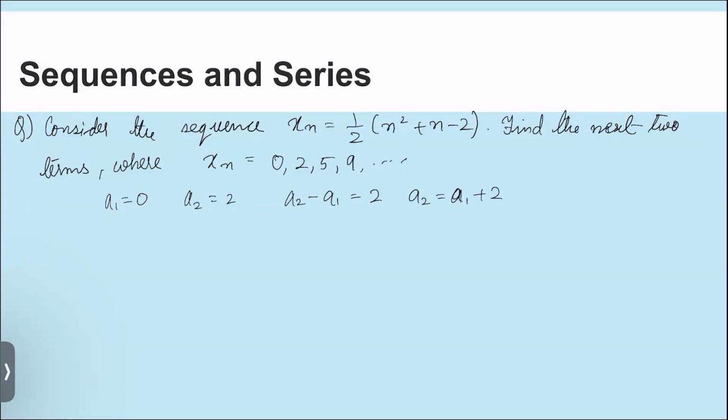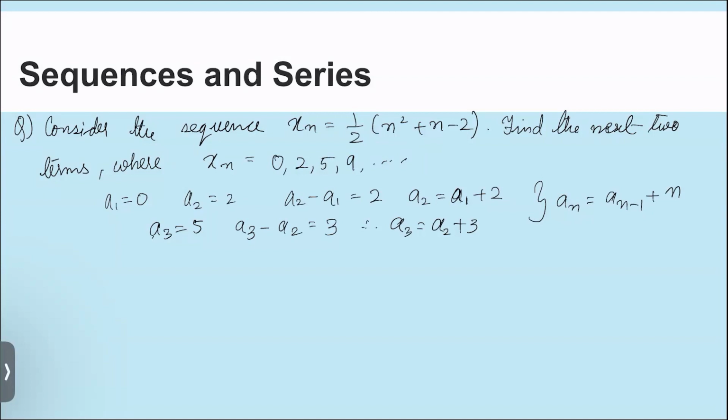Similarly, a3 is equal to 5, so a3 minus a2 is equal to 3, and therefore a3 is equal to a2 plus 3. So the sequence can also be written in the form an is equal to an minus 1 plus n. Whatever your n is, you add that.